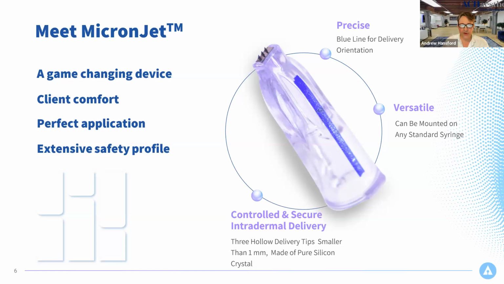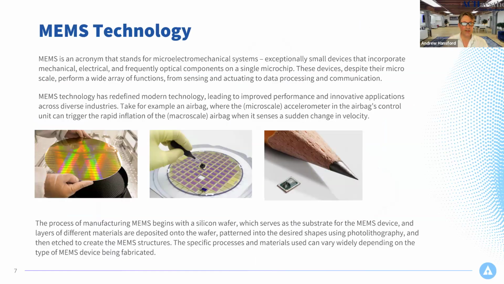It's also made of silicon crystal, which we'll get to in a second. Created through a process called MEMS technology, basically meaning very small devices. Components on a single microchip is one. But despite the size, the amount that they can do is mind-blowing.